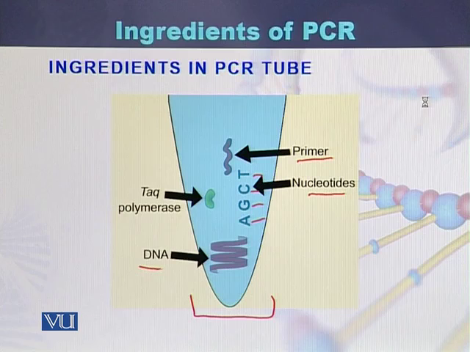This is the DNA which is also called template DNA. This is the DNA whose copies have to be prepared. Taq DNA polymerase is the enzyme that actually amplifies the DNA. All these ingredients are added in this tube, and ultimately this tube is kept into the block of the PCR where the reaction starts.